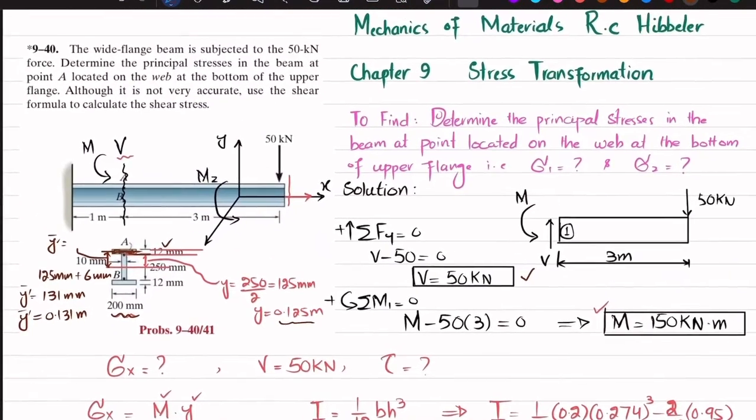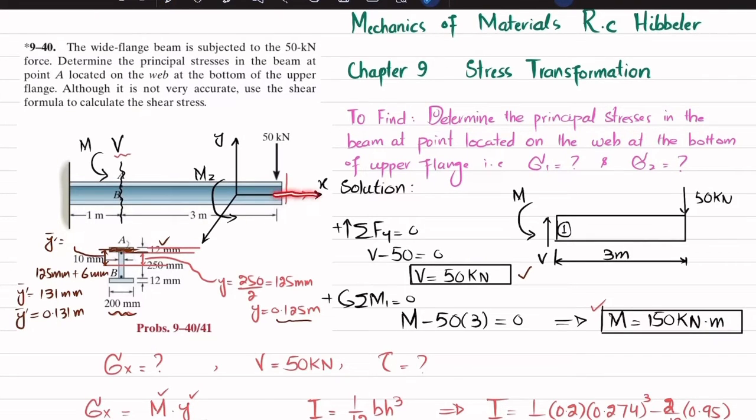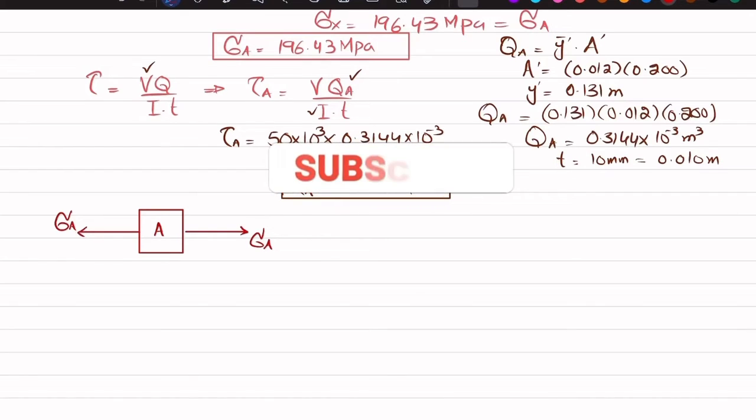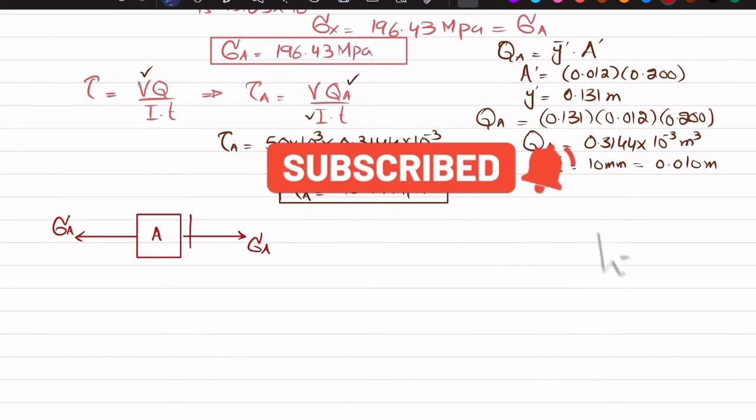Okay. So you can see this is the shear stress. Now we have here two stresses. One is normal stress in x direction, which is sigma A, and other one is shear stress, which is tau A. So if you represent it on a state of stress, let's say this is an element at point A. So your normal stress, which is sigma A, is this one, and your shear stress is tau A. If you represent this tau A, it will be like this.